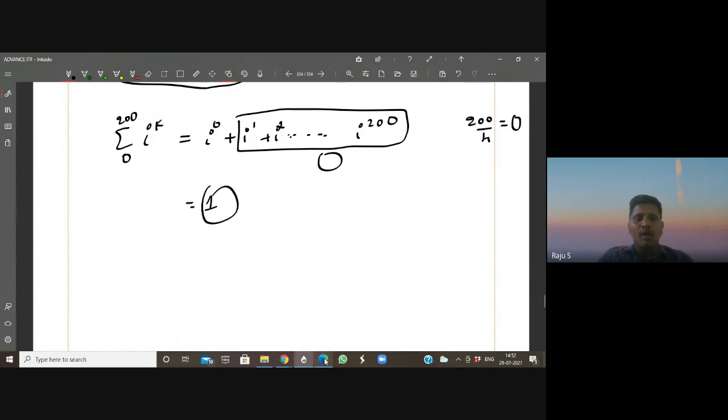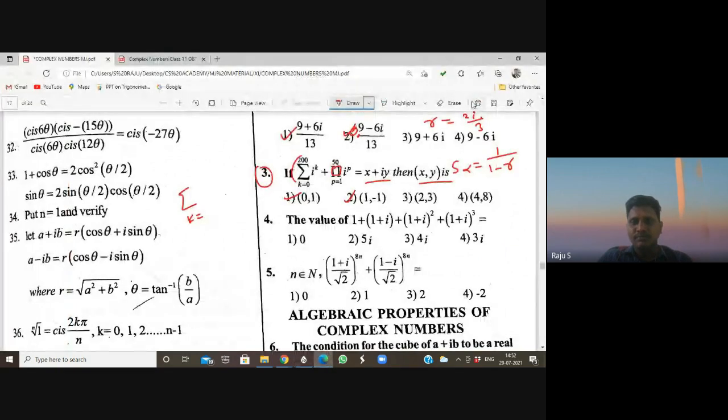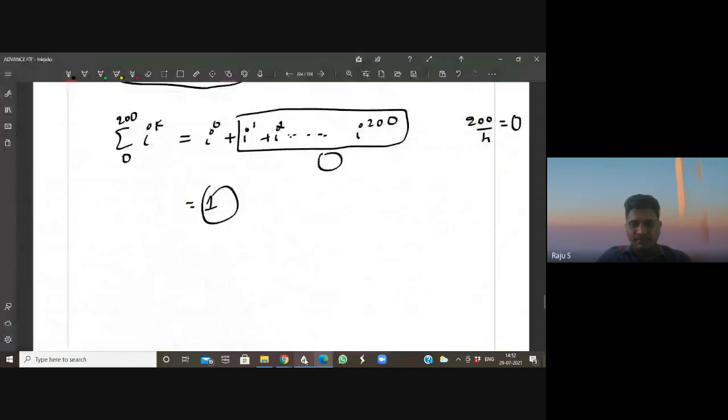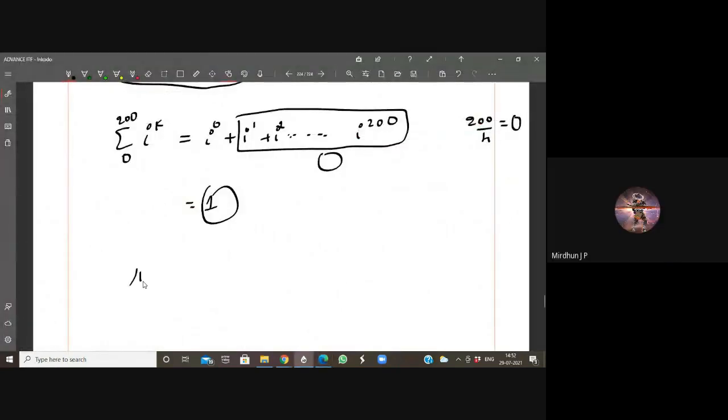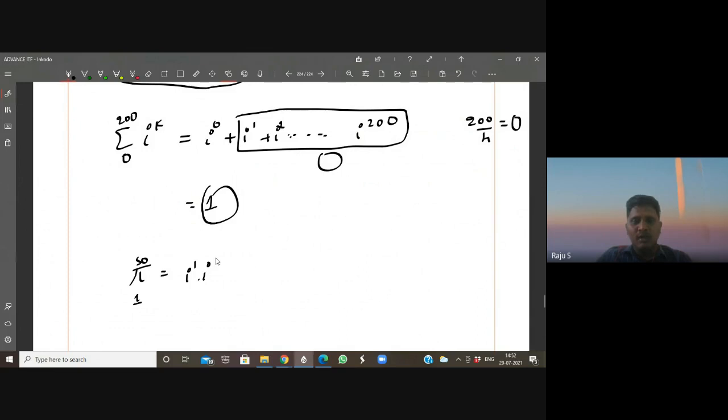What about the product value? The product from 1 to 50: i into i squared up to i power 48, into i power 49, i power 50.